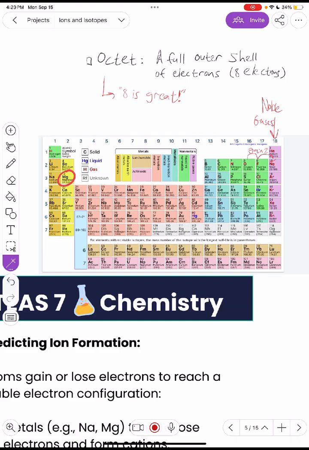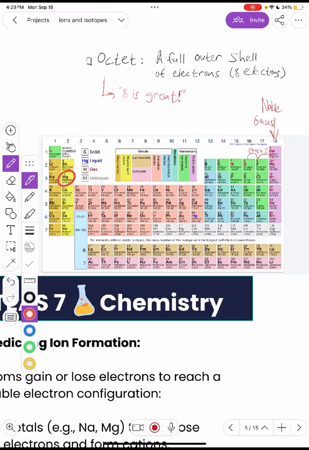Is it going to be to gain 6, 1, 2, 3, 4, 5, 6, or to lose 2? It's going to want to lose 2. It's easier. It loses 2 electrons, and it goes back, and then it's going to end up in the same place oxygen would end up. Okay?